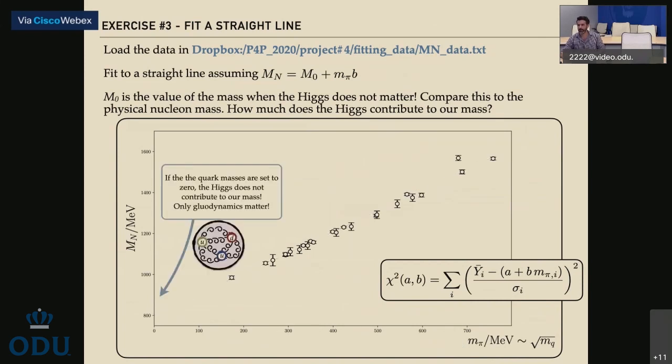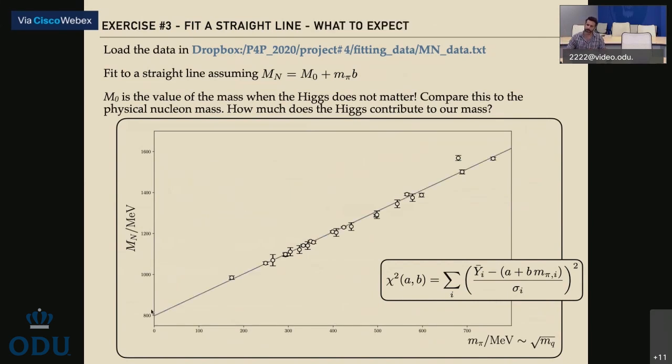And I explained that if you determine the value of this parameter when m_pi is equal to 0, it tells us information about, if you compare this to the value of the nucleon mass from experiments, the contribution of the Higgs to the nucleon. Okay, so it has some significance, this value right here.